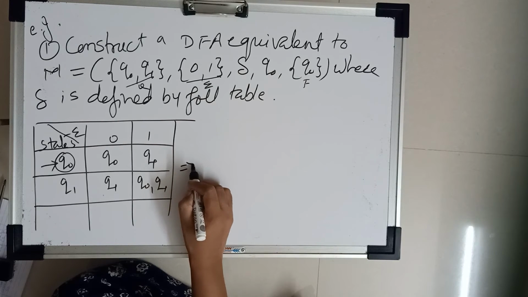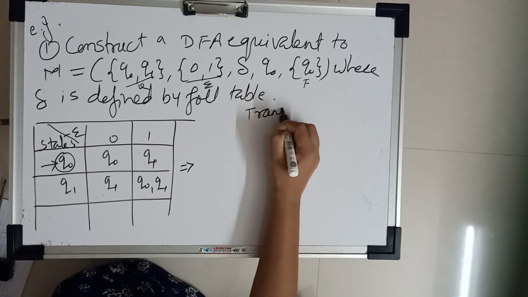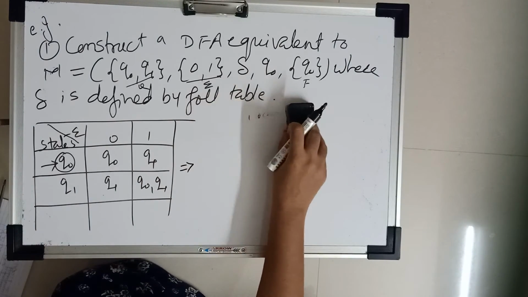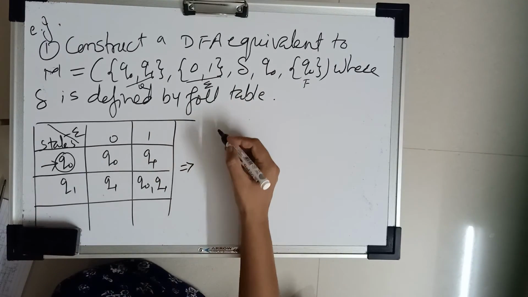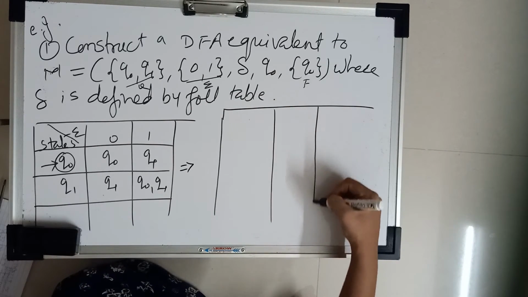We have to convert this NFA table to a DFA table, the transition table of the DFA. We'll see how to make the transition table of the DFA.